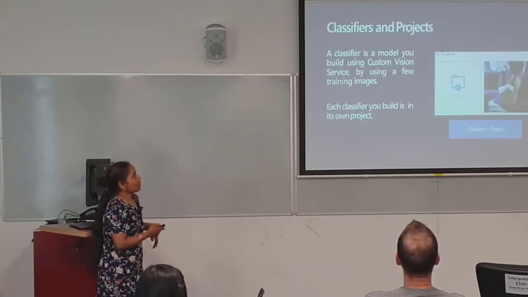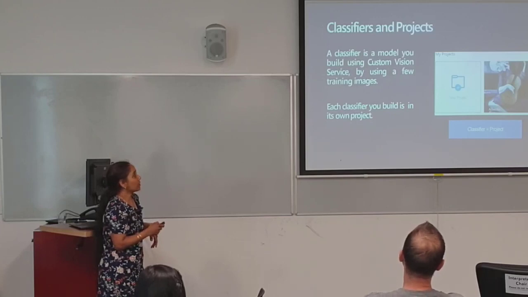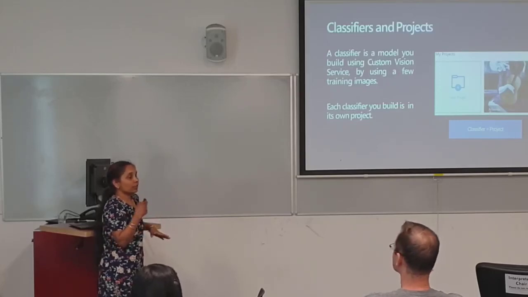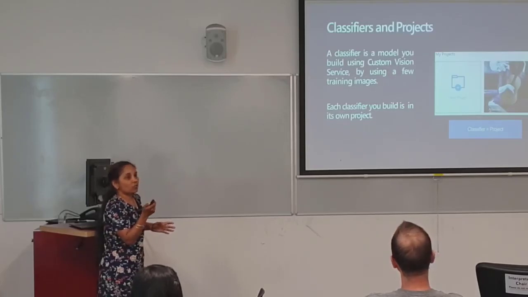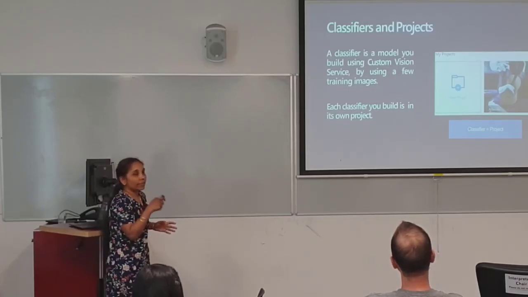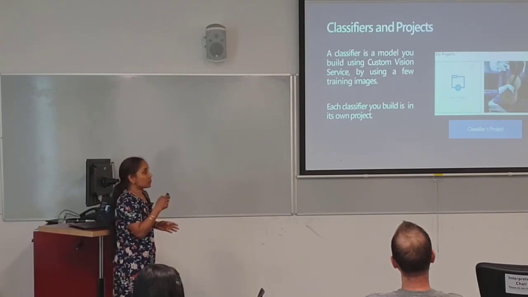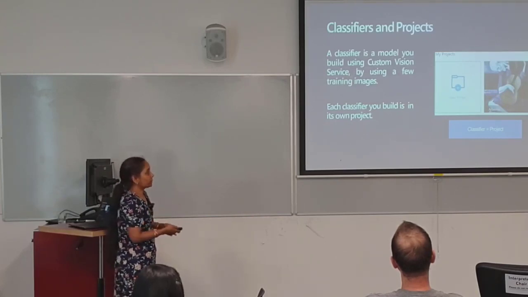A classifier is a model you build using the custom vision service by training on a few images. Each classifier is equal to one project. In those you can upload differently labeled images to train the different labels.